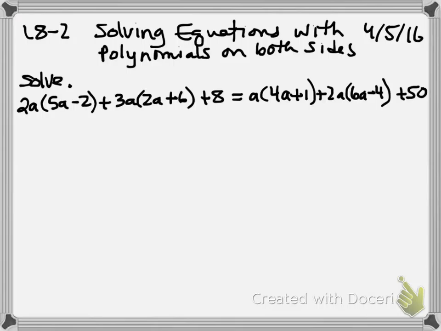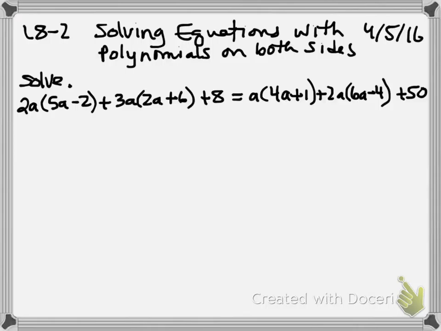Both sides have two sets of distributing, so a total of 4 sets of distributing. I'll be combining like terms, and then I'll eventually get everything variable-wise on one side and constants on the other. Let's see how this all works out.